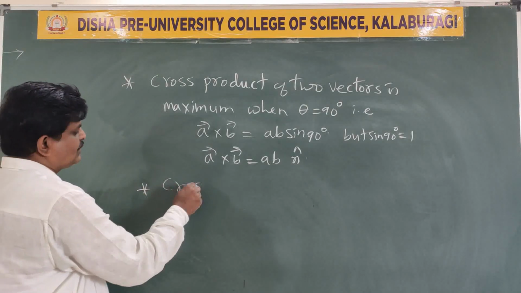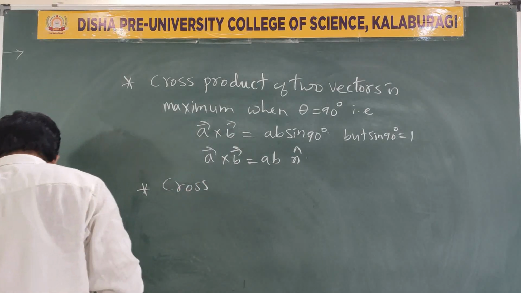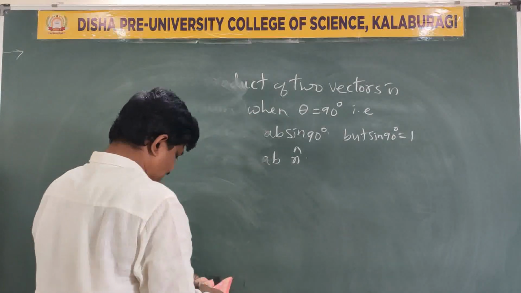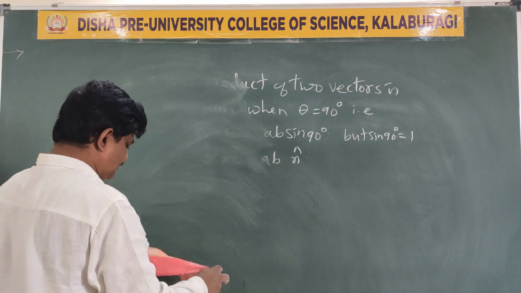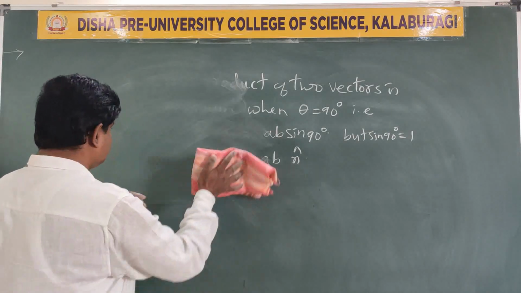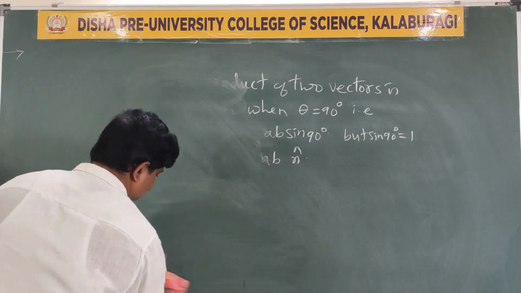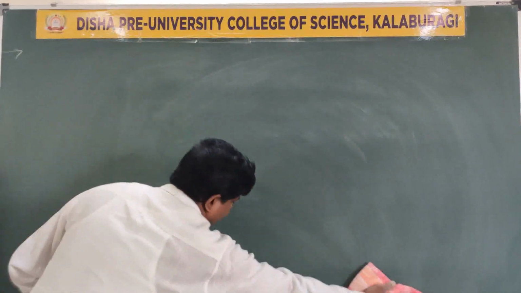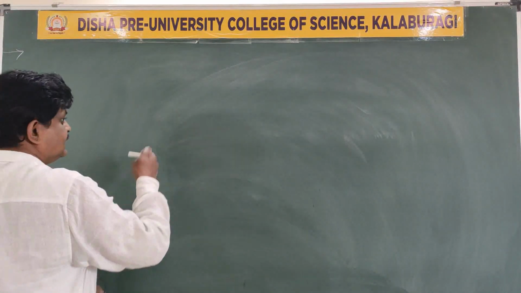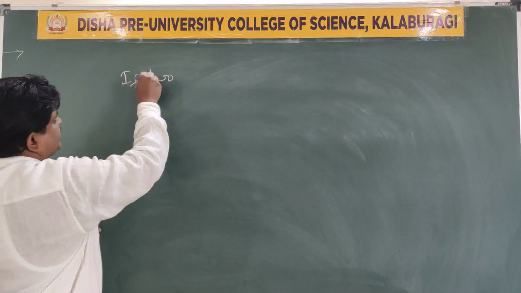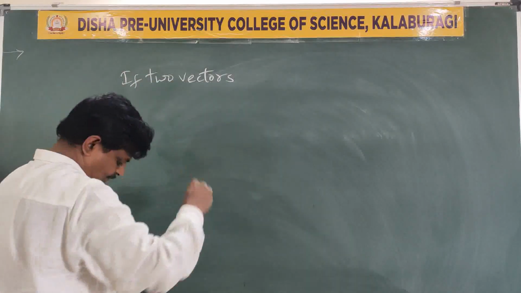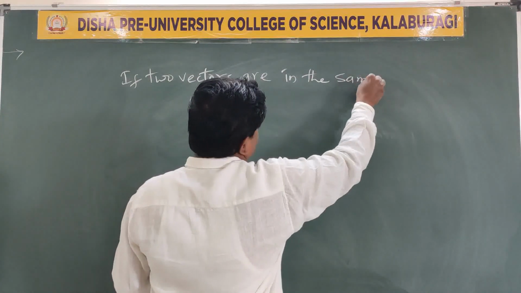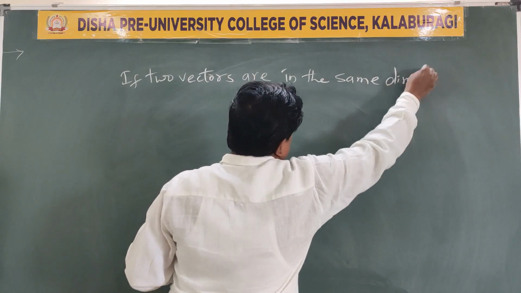Next, the cross product if the two vectors are acting in the same direction. Let us see that. See carefully. If two vectors are in the same direction, what could be the angle between them?